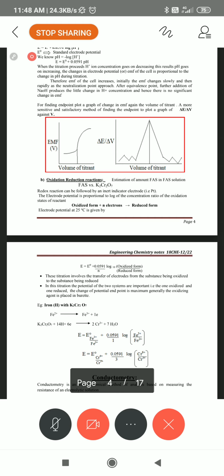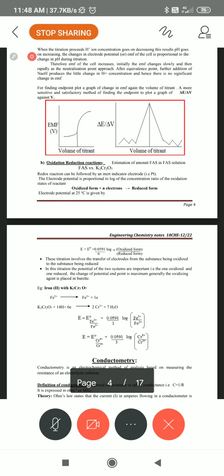Keep on adding; at 5 ml or 6 ml, after 240, 260, 280, 300, 320, you will immediately get 400, 500 or even 800. From this potential we can immediately measure how much FAS was dissolved in the 1 liter of DM water, and how much of the unknown solution is there.